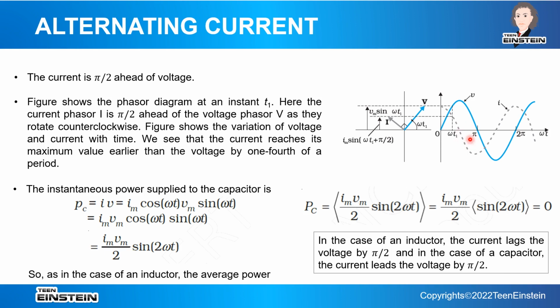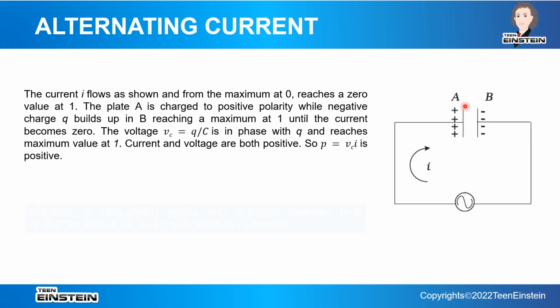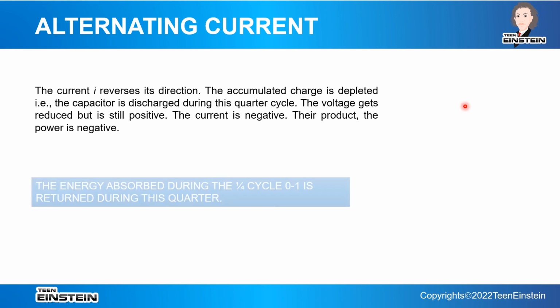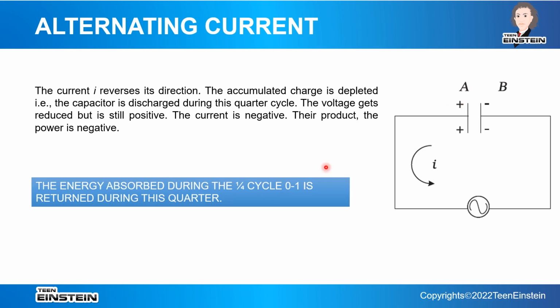So when current is negative and voltage is positive, the power is negative. When the power is negative, the energy absorbed during the first quarter cycle is now returned.